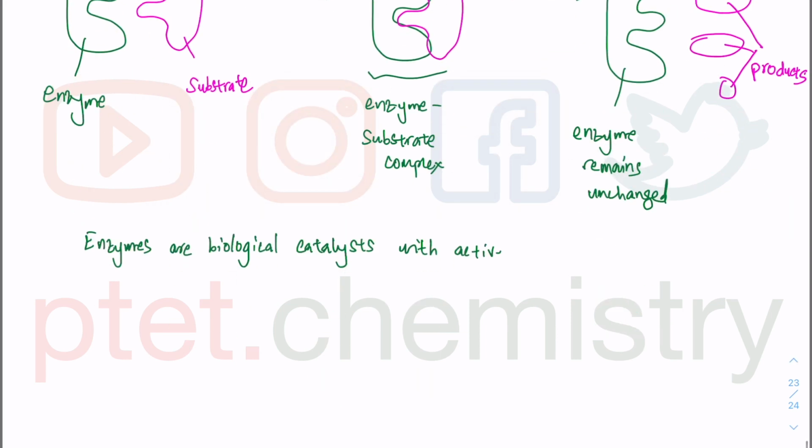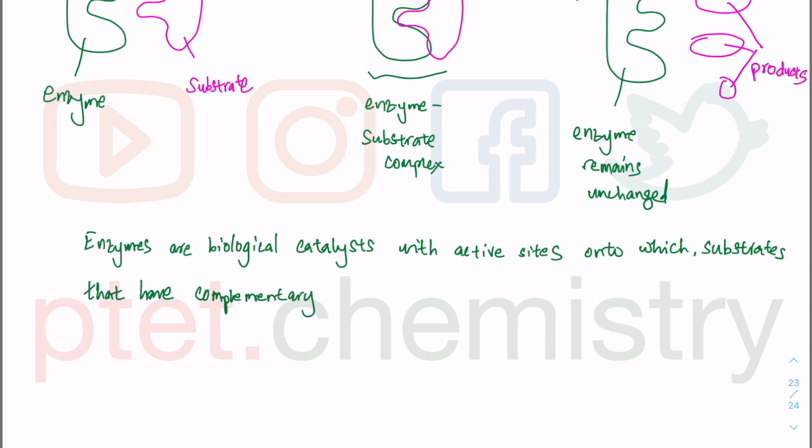So the use of the word active site is associated with enzymes onto which substrates that have complementary shape can bind. This is another term that's associated with biological catalyst. It needs to have the right shape or the right fit onto which substrate that has a complementary shape or fit can bind.